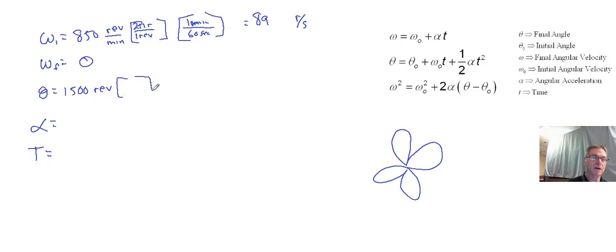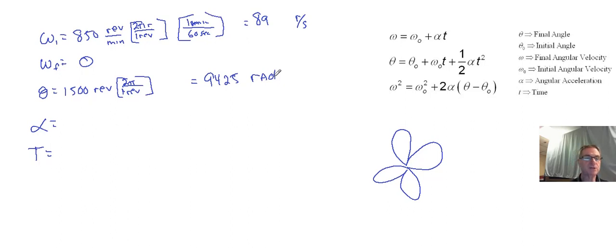We also have to convert our revolutions to radians as well. Again, 1 revolution is 2 pi radians, and when we do that math, we get 1500 times 2 pi is 9,425 radians. So we know theta.